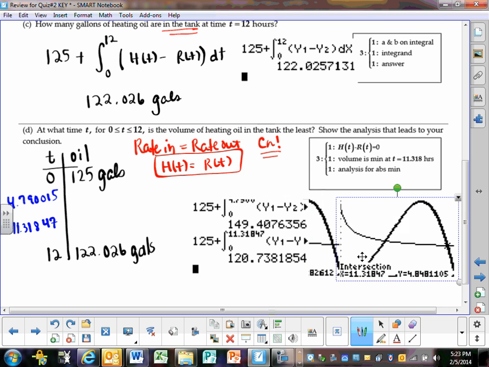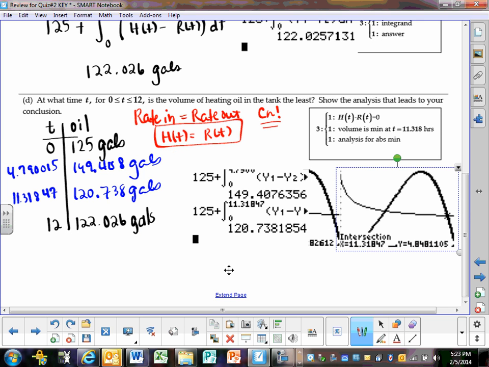Okay, so I'm going to drag those onto my paper for us to see. And so at time 4.790, I have 149.408 gallons. And then I have 120.738 gallons.